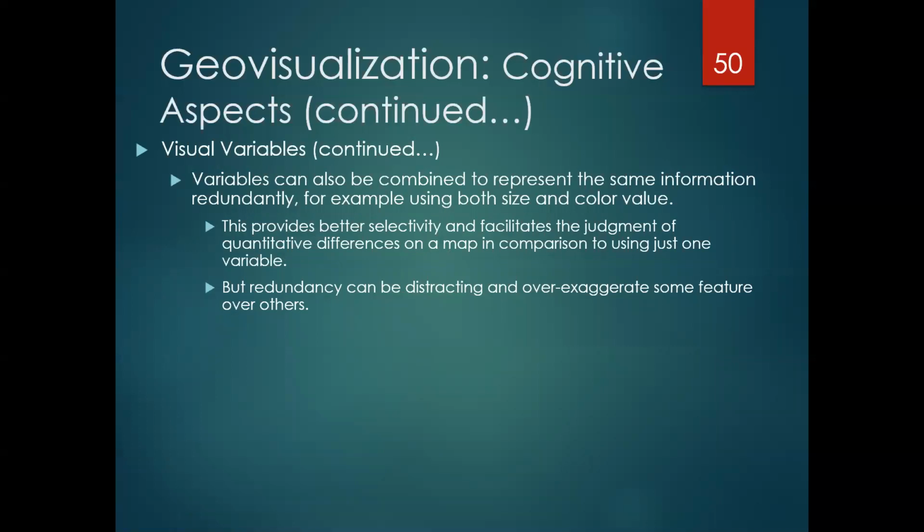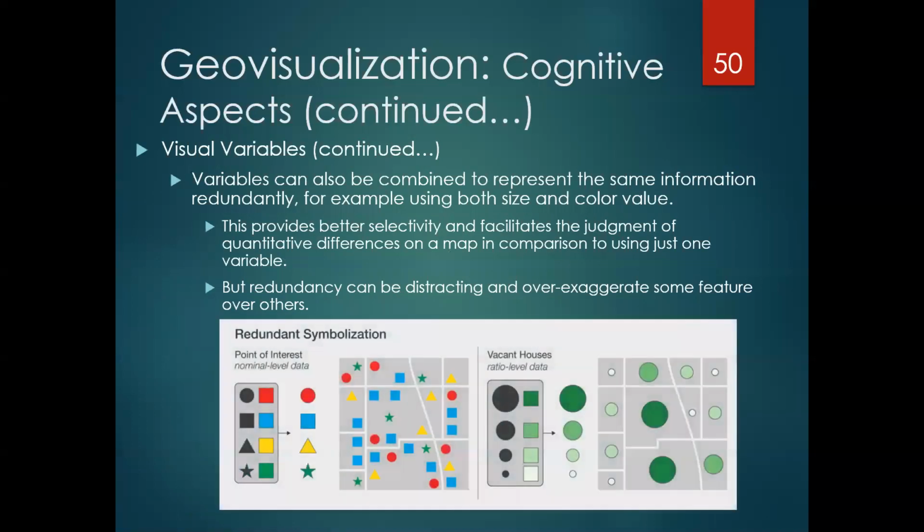And sometimes we use multiple visual variables to address the same thing. It's called redundancy, or redundant symbolization. We have two examples here showing the same area of a city. On the left side, we have nominal level data, which means there are different categories. They are not quantified. Each category is just a name.